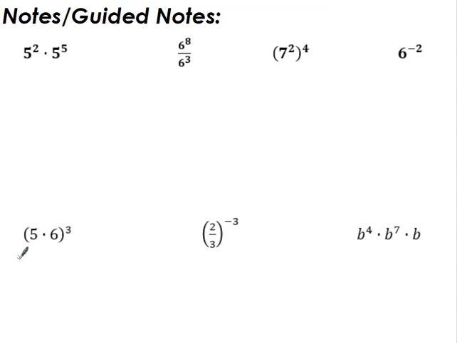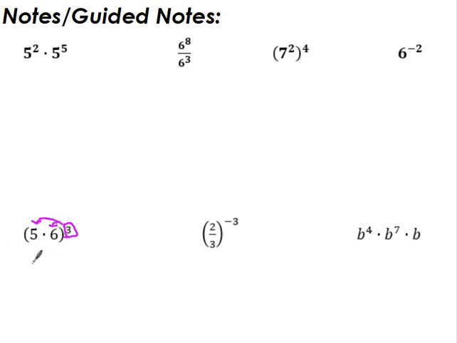Okay, so let's look at this one. So this one right here is power of a product property. I like to look at it like distributive property. So if I have a bunch of stuff being multiplied in here and it's all being raised up by a power, what we're doing is we're just distributing this power to each piece.